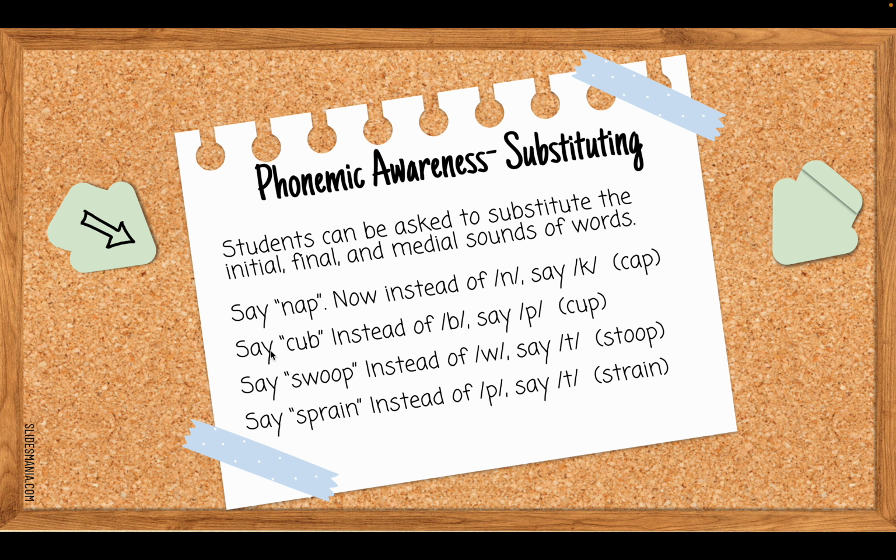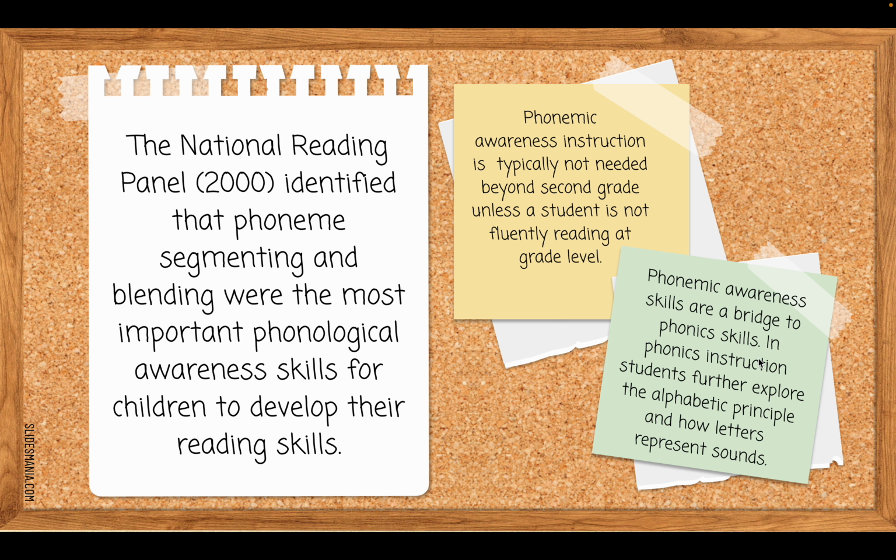So if we're looking at a final sound for substituting, so say cub, instead of b, say p. What's the word? Cup. And then we see, right, even some medial sounds, like these blends changing from the p to the t. So definitely a much more advanced skill.